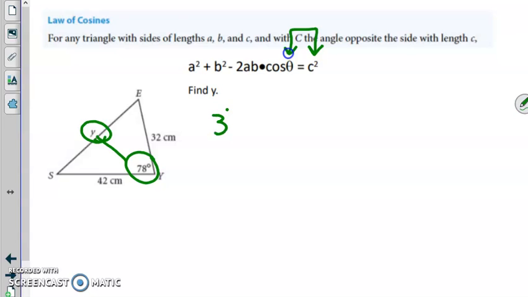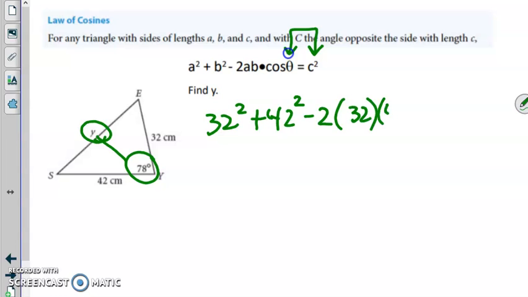So 32 squared plus 42 squared minus 2 times the 32 times the 42 times cosine of the angle equals y squared.